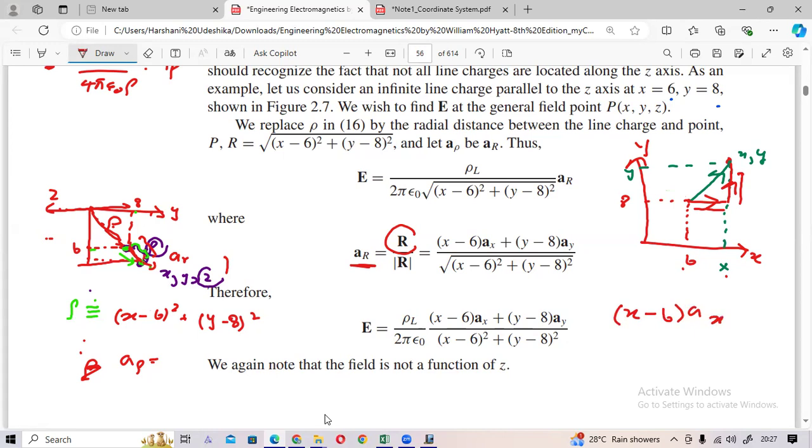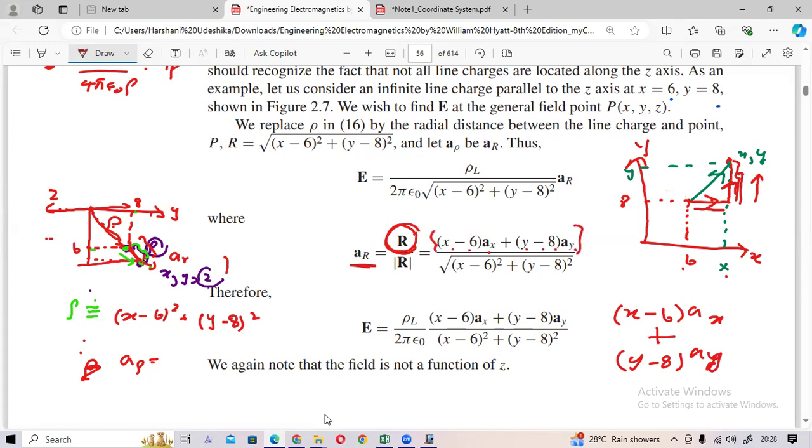And if you consider this one, this is 8 and this is y, so from here to here the distance will be y minus 8, in the ay direction. ax and ay are the unit vectors. If you add this one to this one, you get the resultant vector: (x minus 6) ax plus (y minus 8) ay.